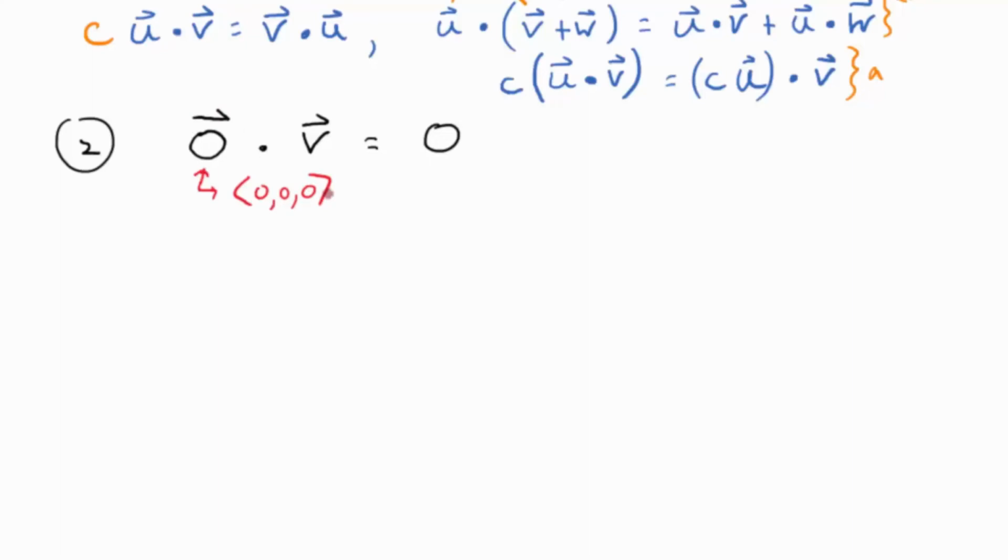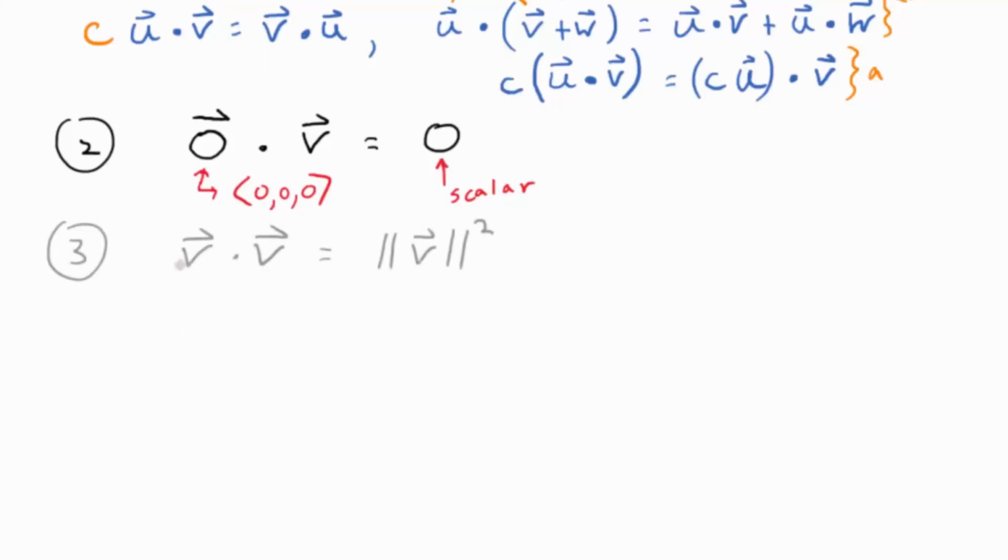And so if you dot that vector with any vector V that has components V1, V2, V3, does it make sense that you're going to get just the scalar 0 as an answer? So this 0 is a scalar. Do you believe that? Yeah. Hopefully that's clear from just the definition of the dot product.